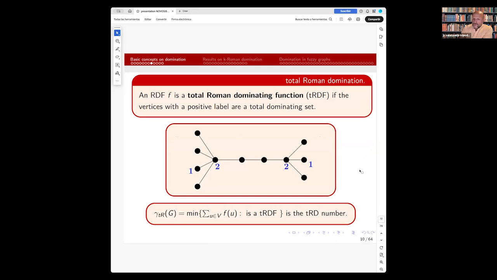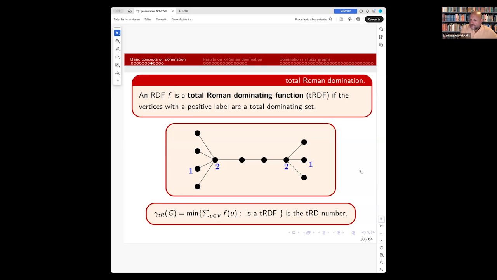We can also consider the total Roman dominating function as a variation of the original problem, in which we require a Roman dominating function to be such that the set of vertices with a positive label must be a total dominating set.